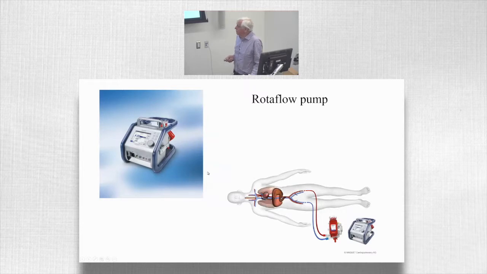And pump technology has come on in leaps and bounds. I think you're all familiar with this pump device, which is the one that's commonly used now for either cardiac or pulmonary support. It's a very compact system. It can be primed and deployed in a very rapid sequence and brought to the bedside to rescue patients with either cardiac or pulmonary failure.